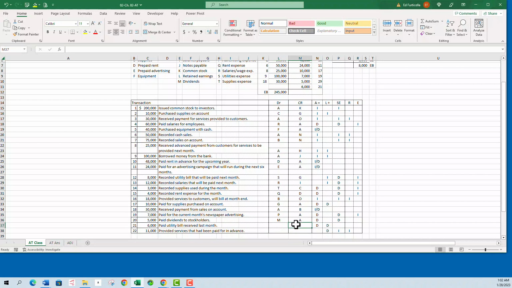The reason why we use accounts payable is because we received this bill last month. When we received the bill last month, we debited utility expense and credited utility payable. So we recorded the expense in the month that we incurred it, and we recorded that liability because we didn't pay it during that month.